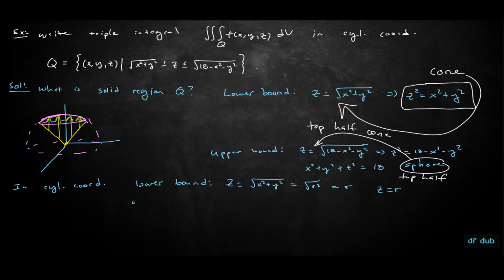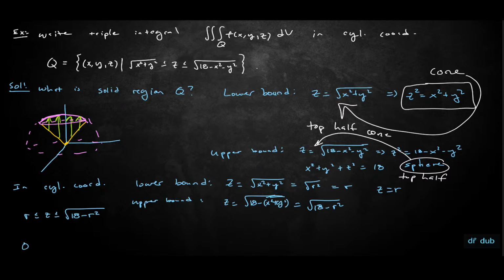The upper bound is z equals square root of 18 minus, in parentheses, x squared plus y squared. Factor out that negative, so square root of 18 minus r squared. That's the upper bound for z. So far we've got z goes between r and square root of 18 minus r squared.